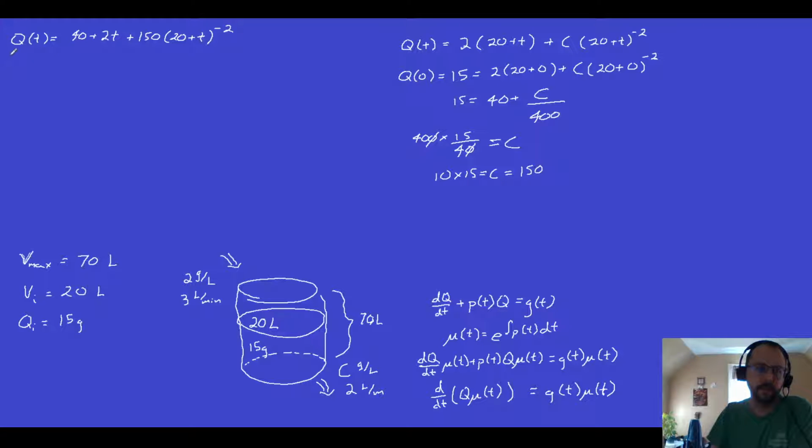Now this is our final solution that tells us the way that the sugar changes over time as this container fills up with this liquid that's pouring in versus the liquid that's draining out.